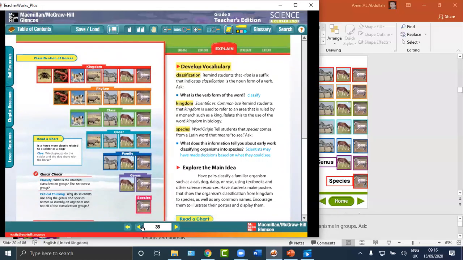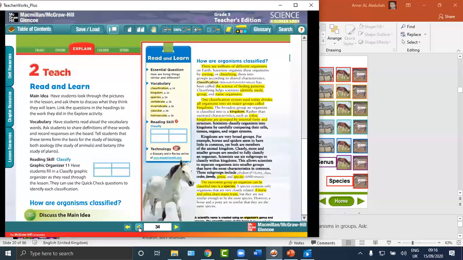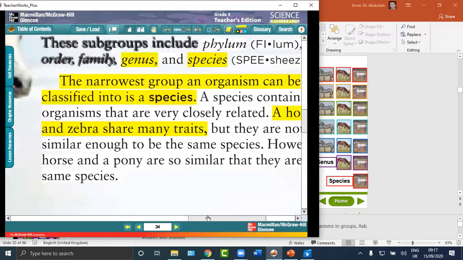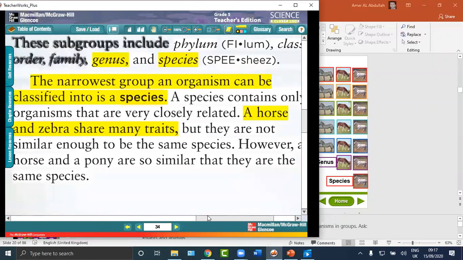Look to the figures. Horse and zebra share many traits, but the similarity is not enough for both to be in the same species.